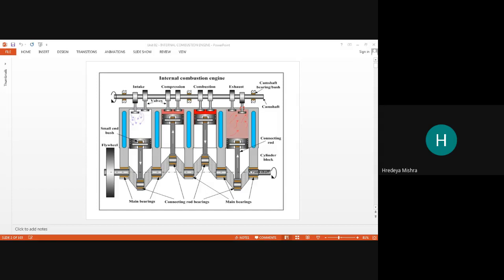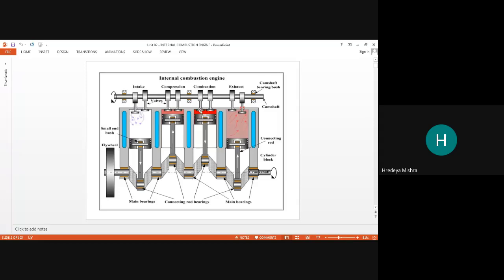The air fuel mixture is compressed now. Compress here. Now combustion. Now at this point, what happened?